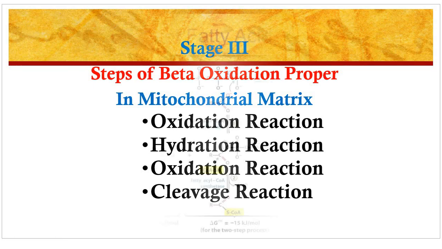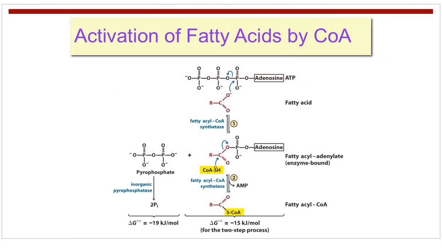Now coming to the first step, that is activation. In activation, fatty acid is converted to fatty acyl adenylate, and this fatty acyl adenylate is converted to fatty acyl coenzyme A, and this process requires ATP.